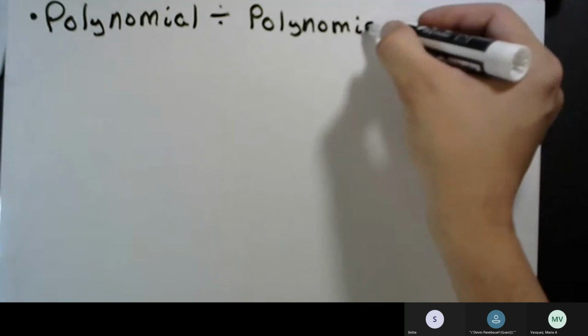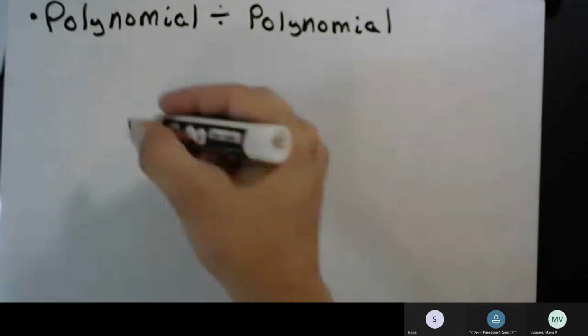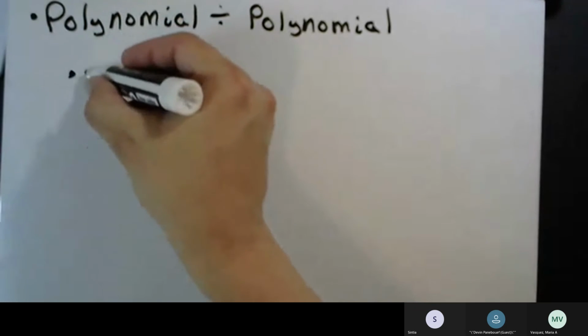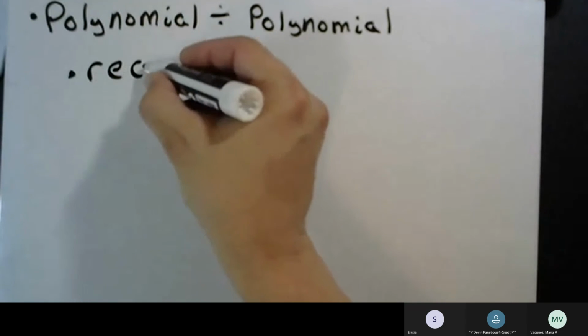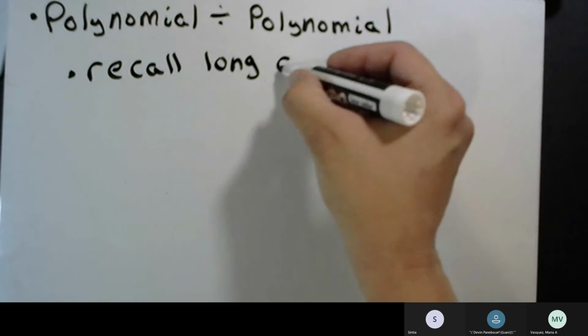And we're going to get an introduction to it this morning. We'll go through the whole process, but we'll do another on our next lecture on Monday. We'll go through a bunch of examples. But let's recall long division.